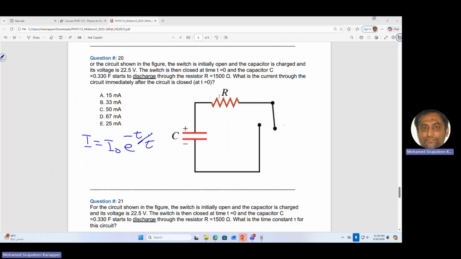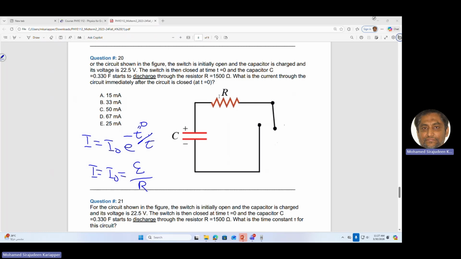So this is the initial current, t equal to 0. If you put 0 here, e to the power 0 is what? 1. Okay. So initial current is, we already know the expression, the EMF of the battery divided by R. So even without knowing the equation, you know that for a fact.